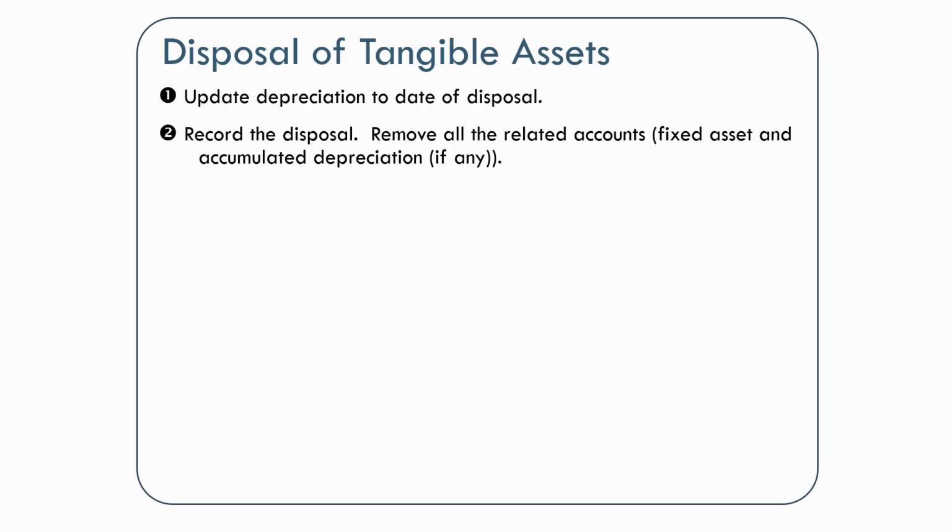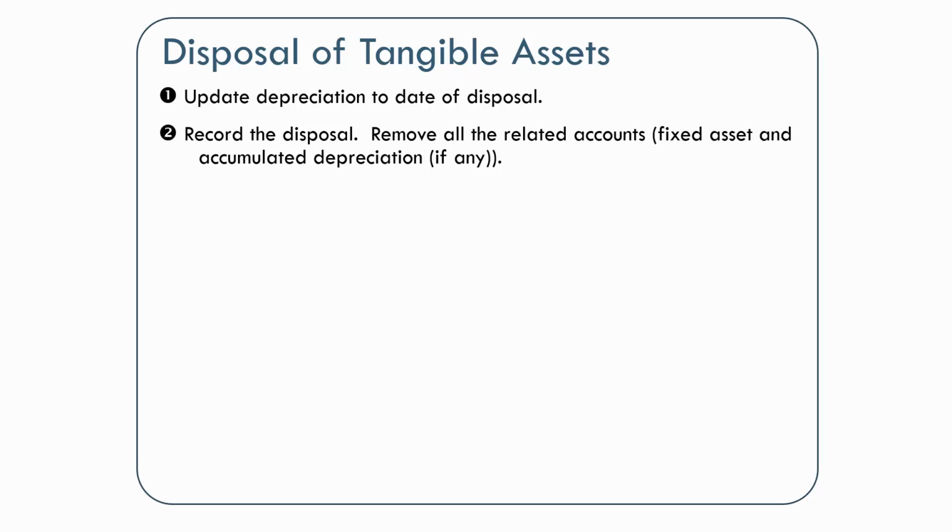They discard according to the ability of this asset to produce, or the effectiveness or efficiency of it. So we may have to update our depreciation. If it's not completely depreciated, we may need to take additional depreciation.